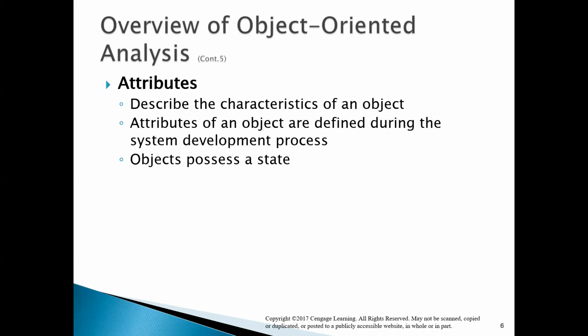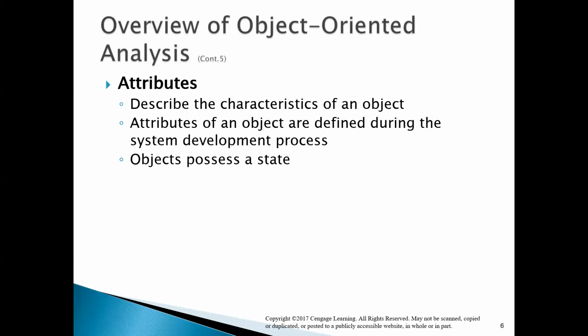To look broadly into what we had described or identified earlier, first of all, let's have a look at attributes. Now, attributes describe the characteristics of an object. The number of attributes required depends on business requirements of the information system and also the requirements of users.